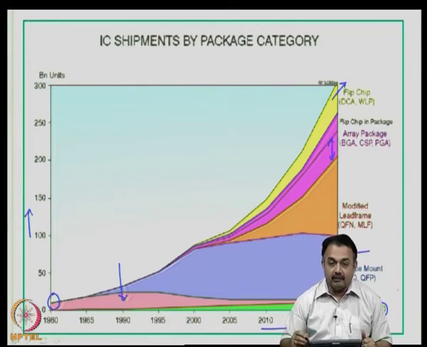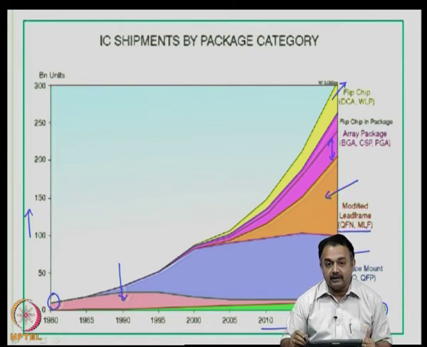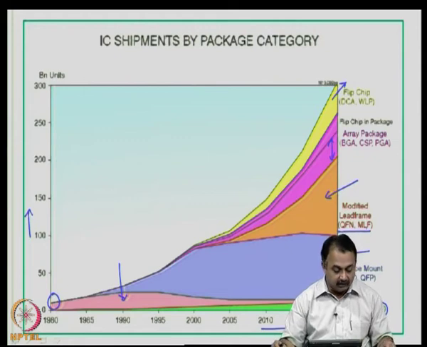As you know, if I am asking you to specify the application areas for chip on board, typically it will be for handheld applications. And then modified lead frame packages like quad flat no lead or micro lead frame packages are also increasing in terms of manufacturing numbers.